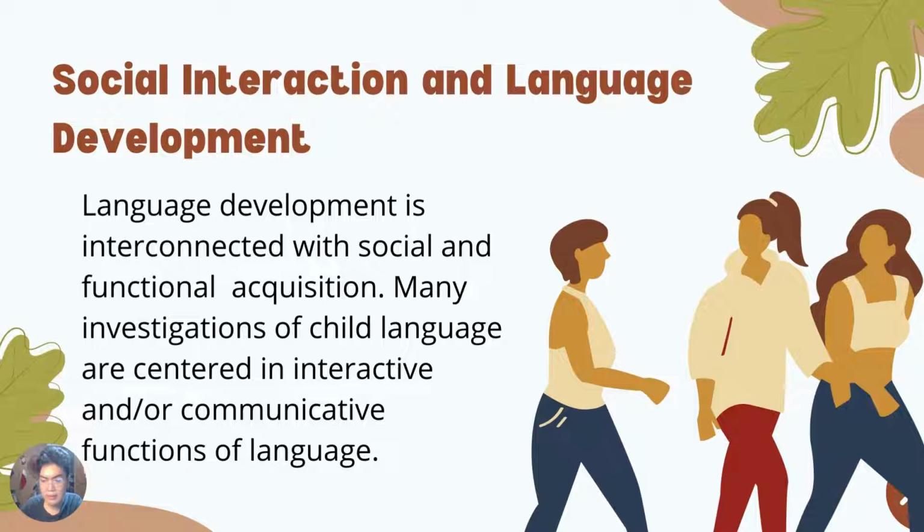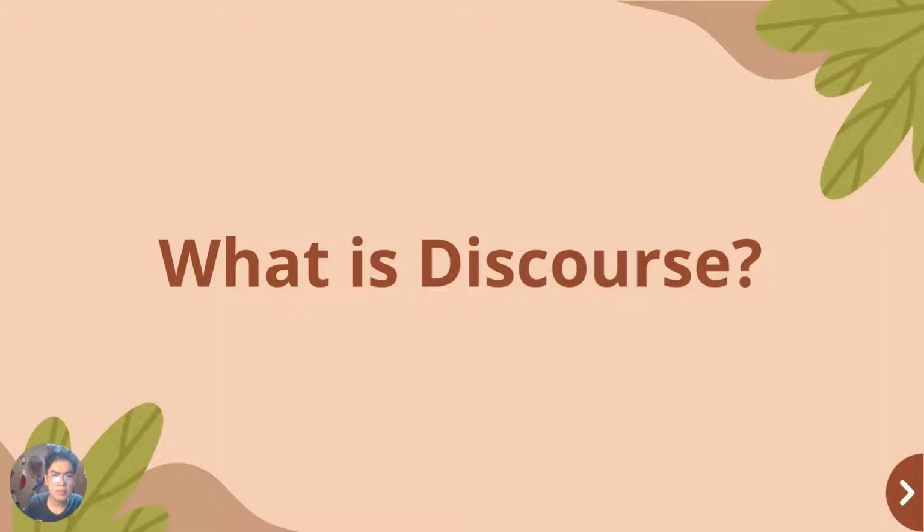It is said that interaction, communication, or social conversation with other people means that a child can learn language through discourse or interaction. Now, speaking of discourse, what is discourse?